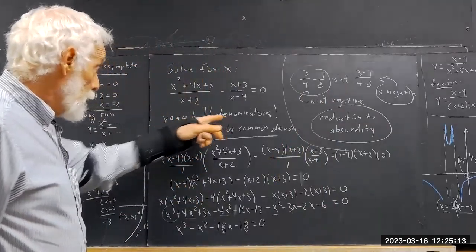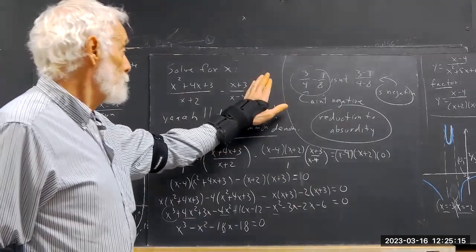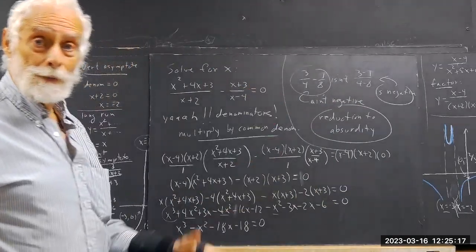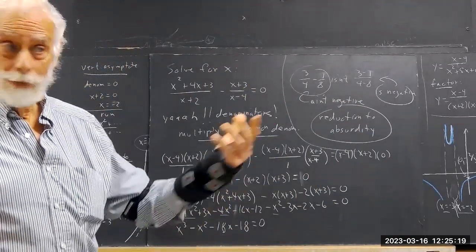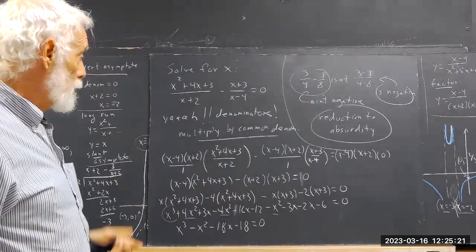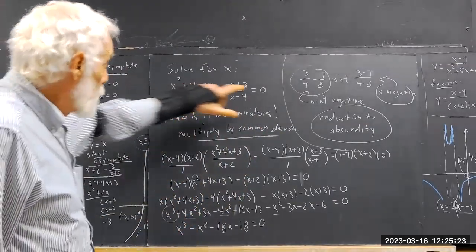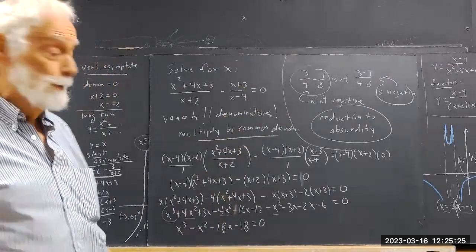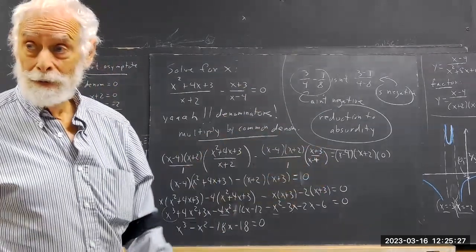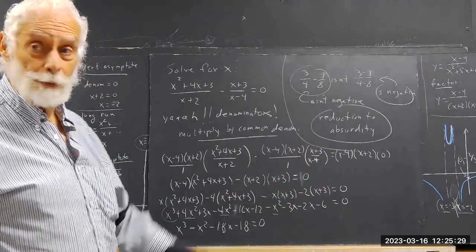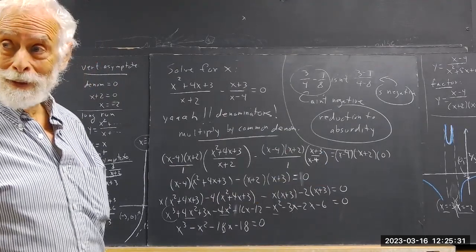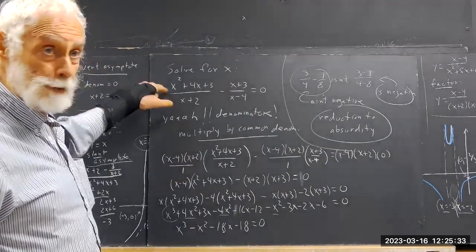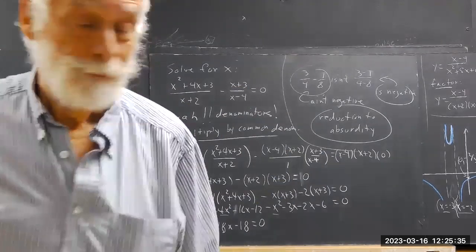Here, we've got denominators. If we're trying to simplify this, we'd have to find a common denominator, which isn't that difficult, and it gets a lot more complicated. But it's an equation, so we can multiply both sides by the denominator and they go away. Then we end up with something that's at least reasonably manageable, and it looks a lot simpler than what we started with. Okay.